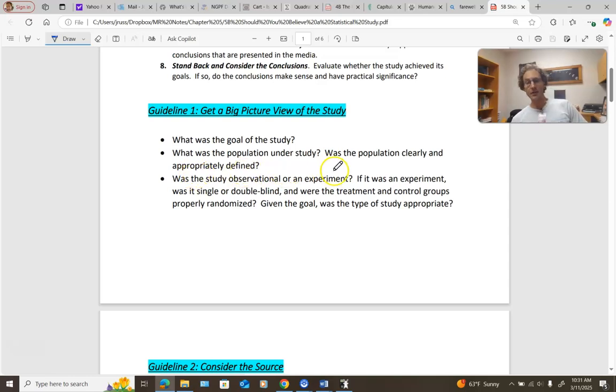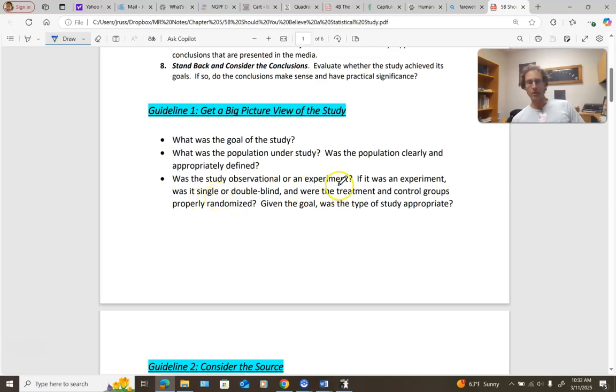Was the study observational or experimental? If it was an experiment, was it double blind? Was it single blind? And remember that a double blind study is going to be the most powerful. And then what were the treatment and control groups? And were they properly randomized?